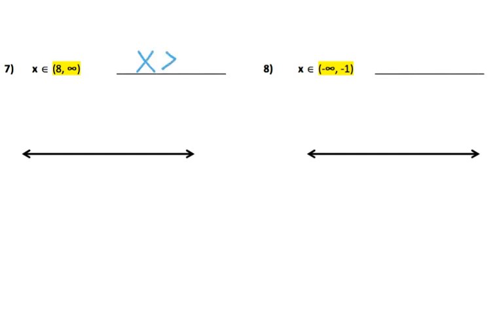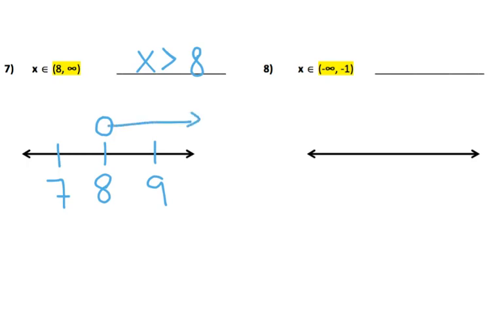Since there's a parenthesis next to 8, it's just greater than. So X is greater than 8. Now to graph, we're going to have 8, to the right is 9, to the left is 7. So we're going to have an open circle at 8, arrow pointing to the right.